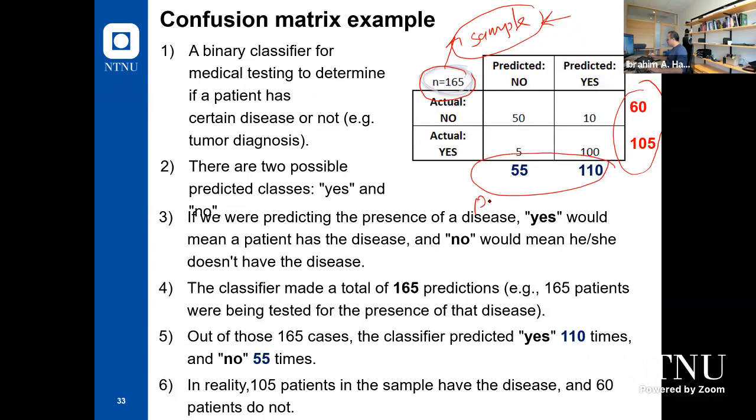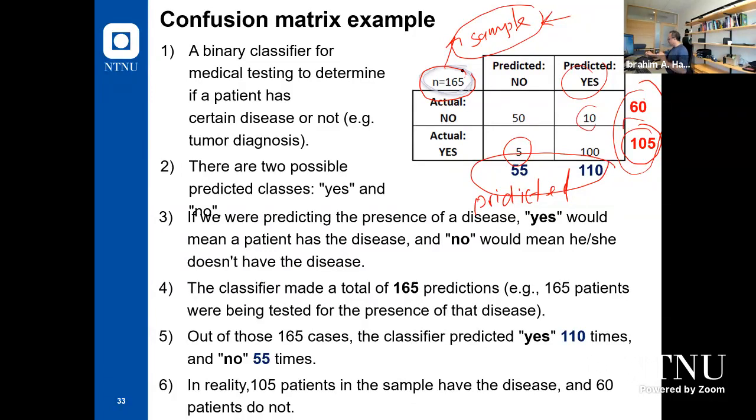Among those 105, 100 were correctly classified as yes, or positive, and 5 were misclassified as negative. From those 60, which are negative, 50 were correctly classified as negative, and 10 were classified as positive.